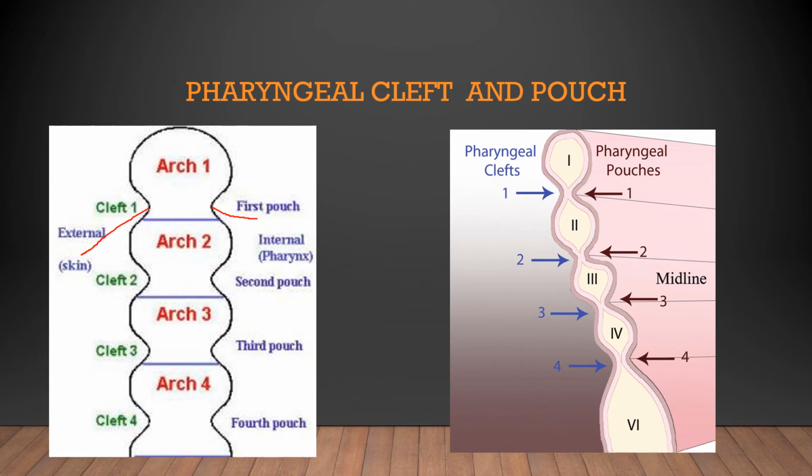So totally we have 6 arches. In this, the fifth arch disappears, so we have the first, second, third, fourth and sixth arches. In this video, we are going to see only the mesodermal structures.